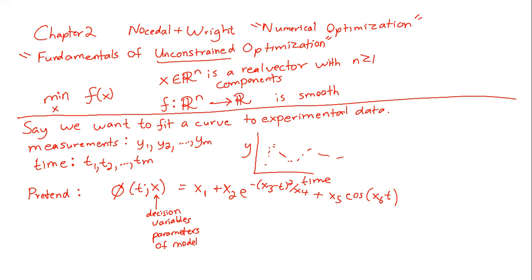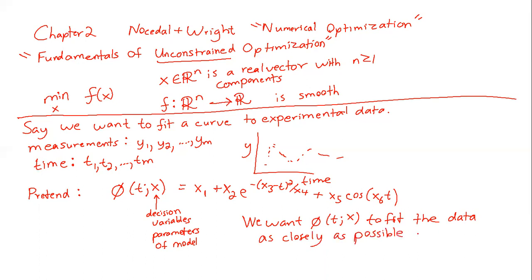What are the values of x1, x2, x3, x4, x5, and x6 that cause this to fit my data as closely as possible? So we want phi of p, x to fit the data as closely as possible by selecting good x's.